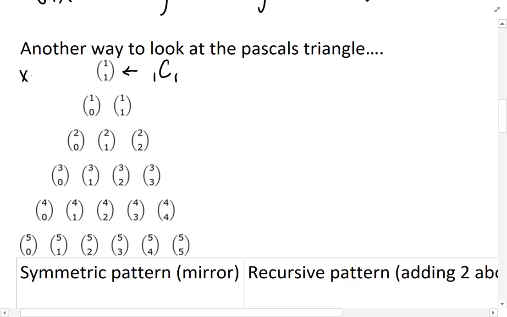So we're just going to look at each of these. Remember the first row is basically the coefficients for (x plus y) to the 0. The next one is (x plus y) to the 1, (x plus y) to the 2, etc. And the coefficients can also be figured out using combinations.